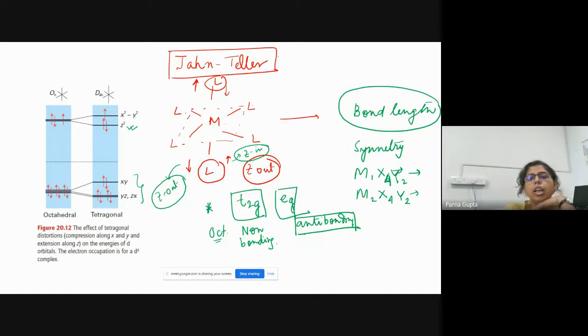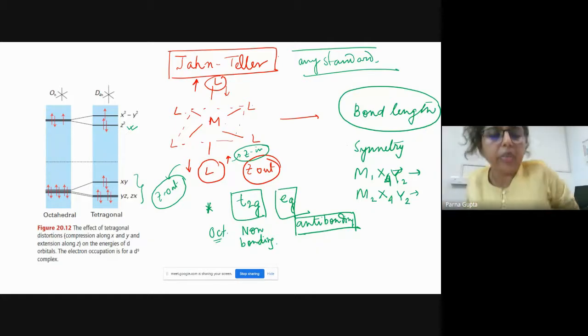So these are the things that I think we have not covered. And for Jahn-Teller distortion, go and look at any standard book.